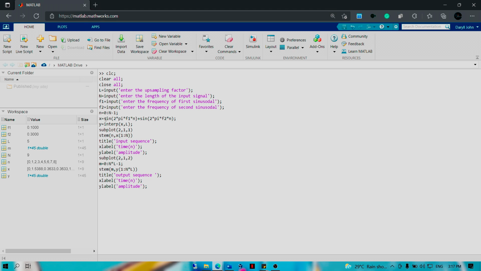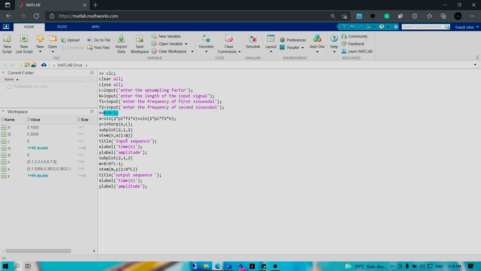And for the interpolation process, we would use the MATLAB defined function, which is interp, with the function of sine of 2 pi multiplied by the frequency of the first sinusoidal and multiplied to our array here, which is a value from 0 to n minus 1.